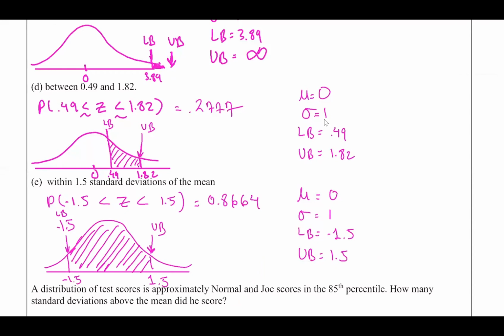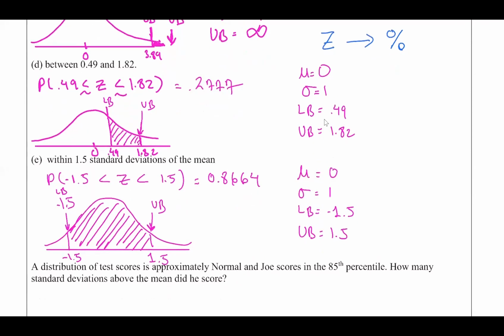To recap what we're doing right now, we're getting a Z value and finding the probability for that Z value. This is important because now we're going to switch it around. Now we're going to start off with the percent and convert it into a Z value.